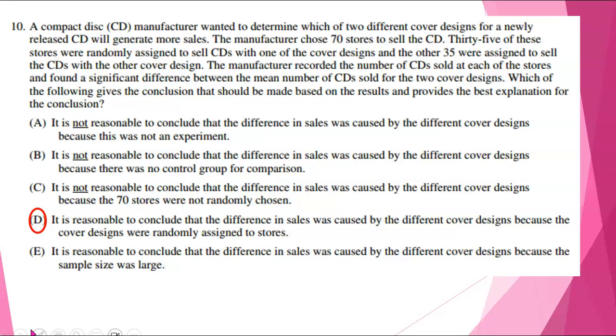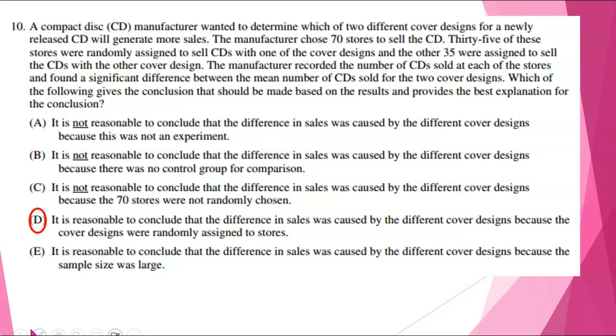For B, it says it's not reasonable to conclude that the difference in sales was caused by the different cover designs because there was no control group for comparison. We did have two different groups that we could still compare, right? We had two different designs that were randomly assigned to stores, so we were still able to compare.